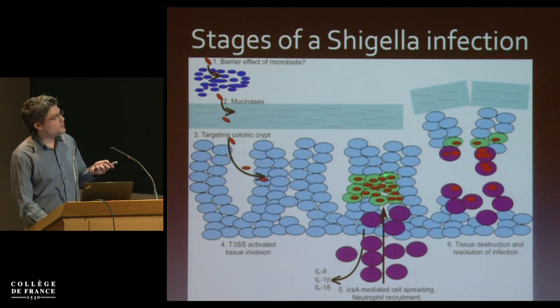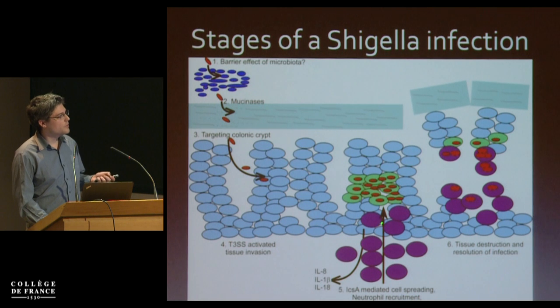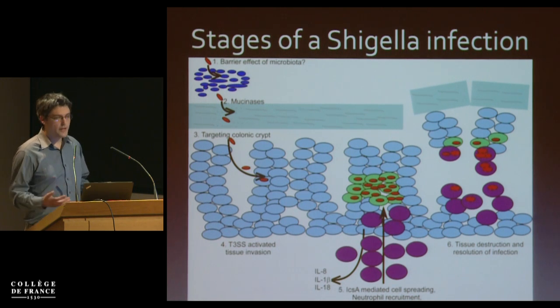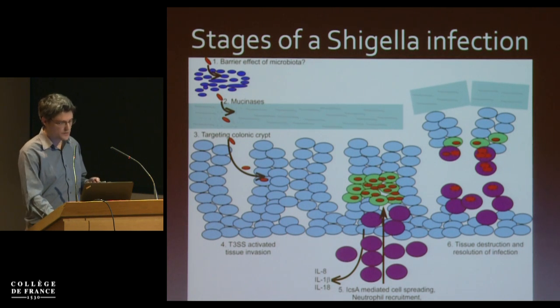Here in the tissue, it will spread and start to replicate, and this causes pro-inflammatory cytokines to be released, and a massive inflammation and neutrophil recruitment will occur, which tries to stop the infection. This eventually will cause the killing of the Shigella bacteria and tissue destruction, which basically completely destroys the epithelial layer, but will eventually lead to the resolution of the infection.